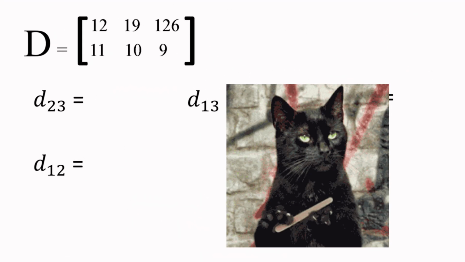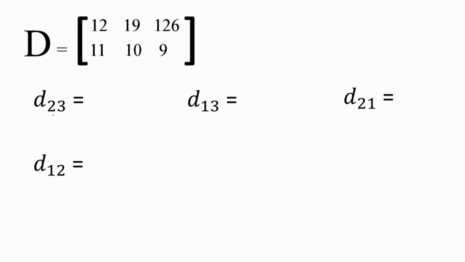Here again, we have another matrix and we want to find these elements. 2 and 3 means the first number shows the row and the second number shows the number of the column. So the second row is going to be here. Let me specify the numbers of rows and columns. 2, 3.